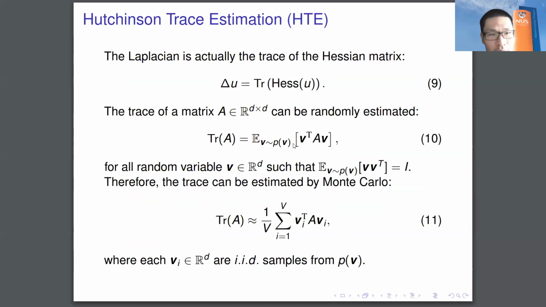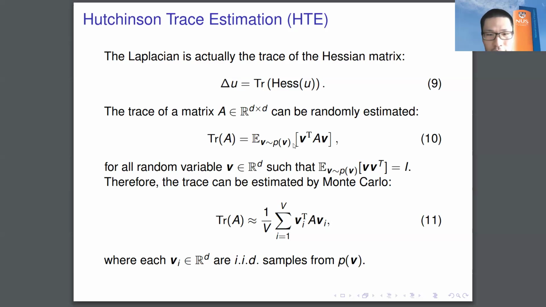So the Hutchinson trace estimation views the Laplacian operator in the Poisson equation as the trace of the Hessian matrix. So the key observation is equation 9. It's relatively trivial, which is the Laplacian is the Hessian trace. So we can recall some classical mathematics, like the trace of a matrix A can be estimated randomly.